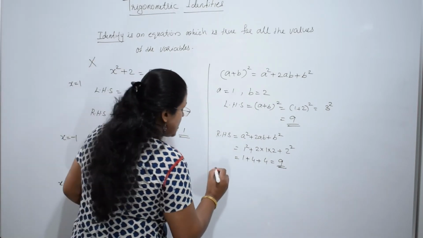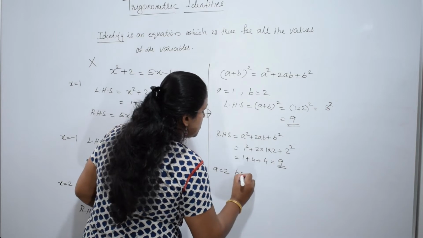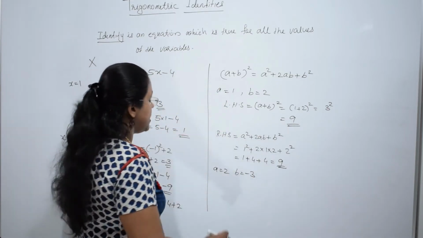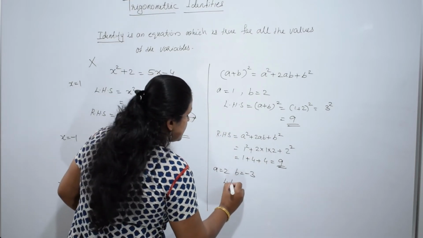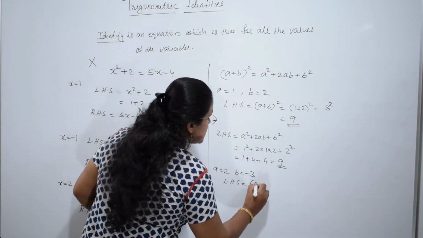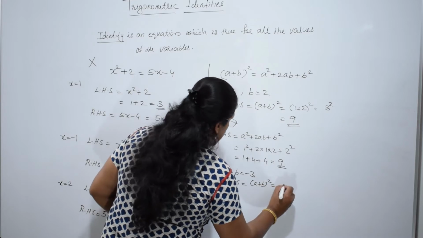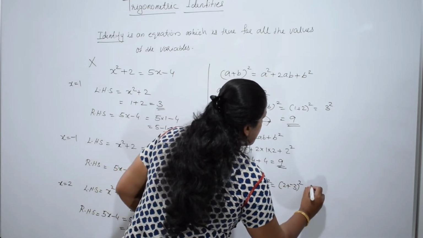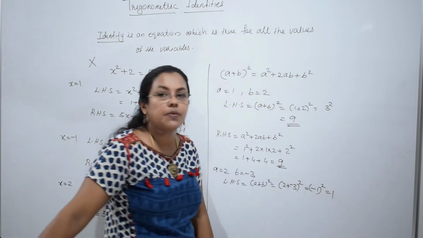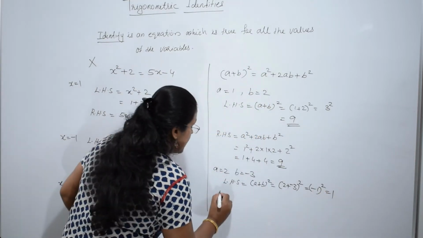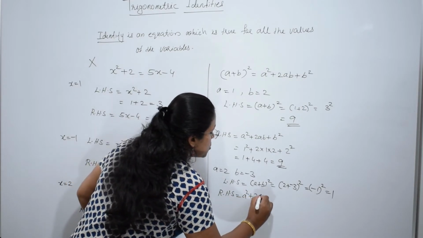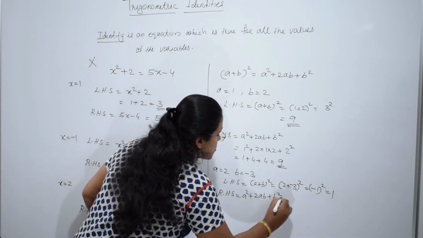For example, a is equal to 2, b is equal to minus 3. LHS, left hand side is (a plus b) the whole square, that is (2 plus minus 3) the whole square, minus 1 square, that is equal to 1. And what about the right hand side? a square plus 2ab plus b square.